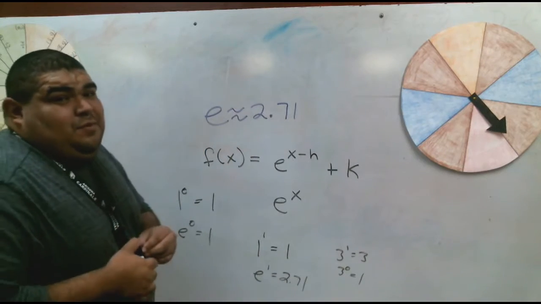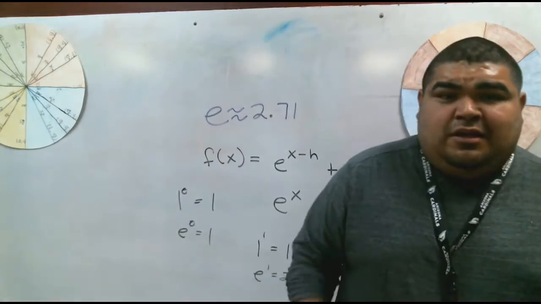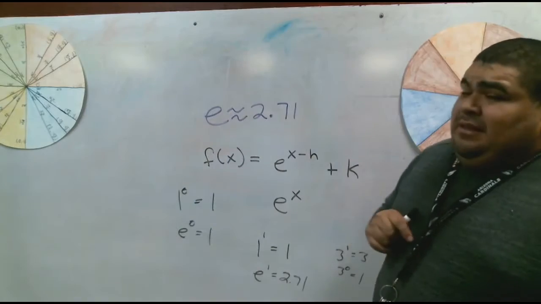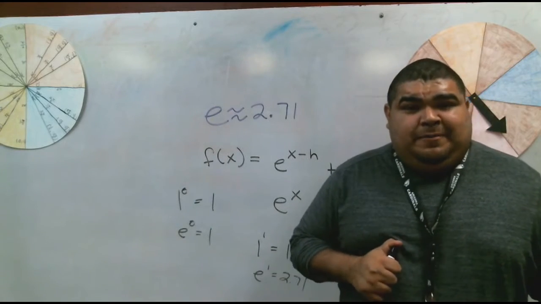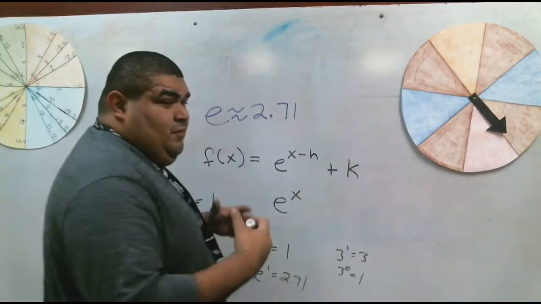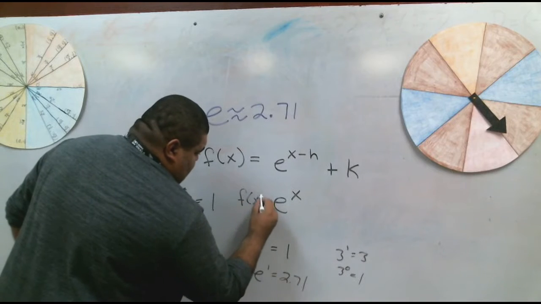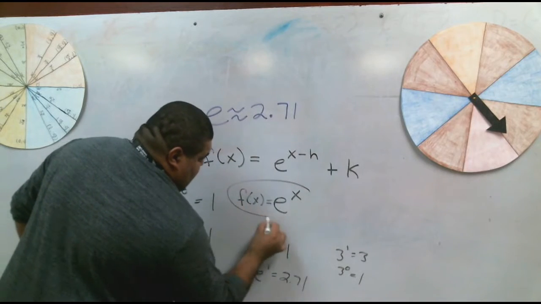Get familiar with that as well. E is approximately 2.71. The parent equation for the next few concepts, again, is f of x equals e to the x.